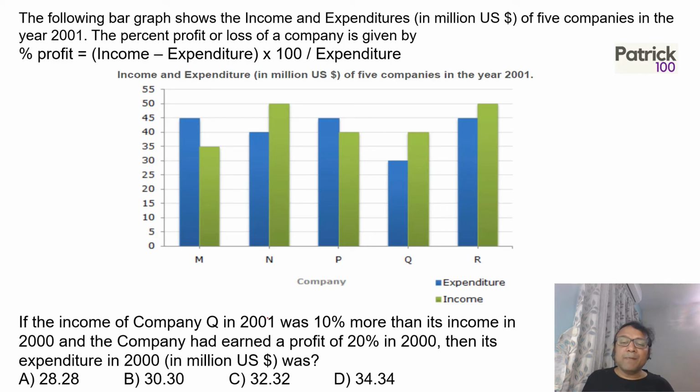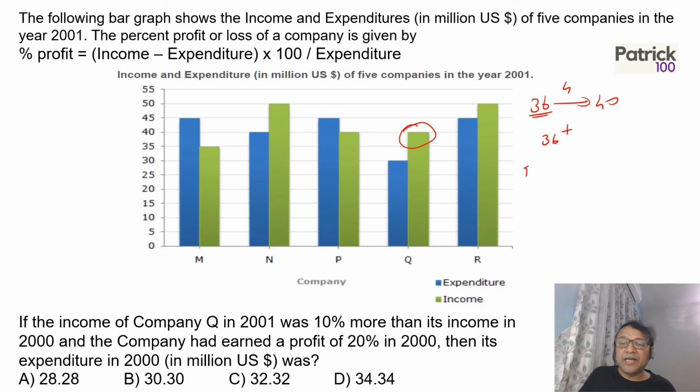If the income of company Q in 2001 was 10% more than its income in 2000. Right, so we're talking income now, 40. This is 10% more than 2000. So if we take 36, 40, 4, it will be more than 10%. So the value will be slightly more than 36. Right, and the company earned 20% profit.